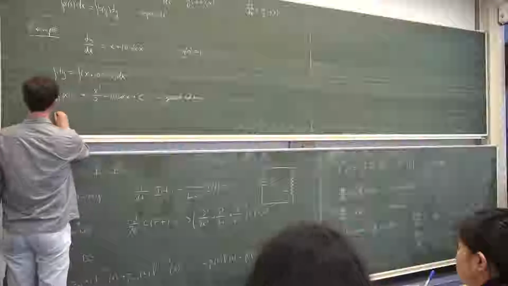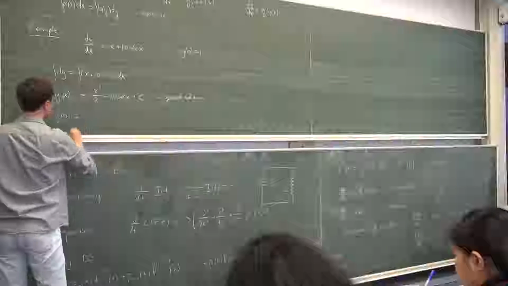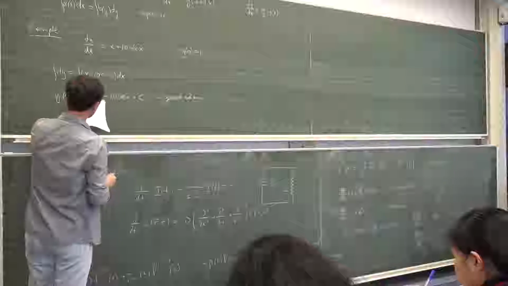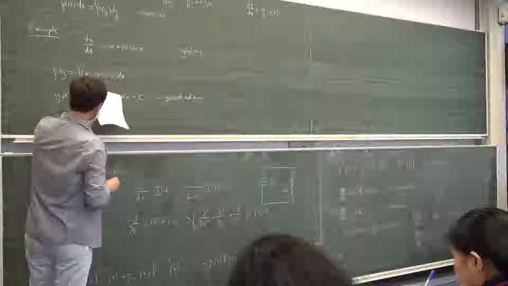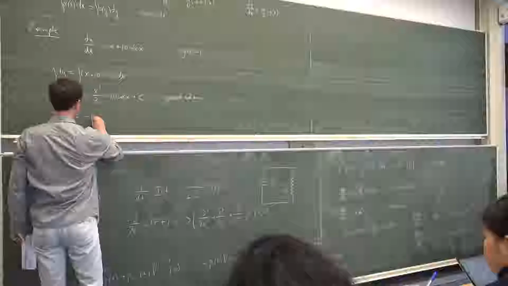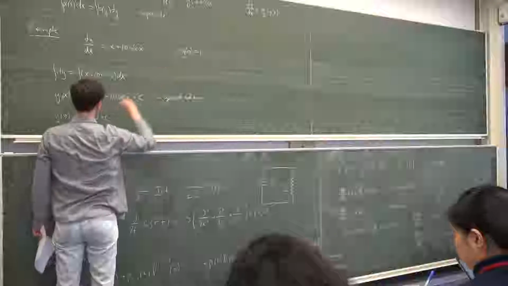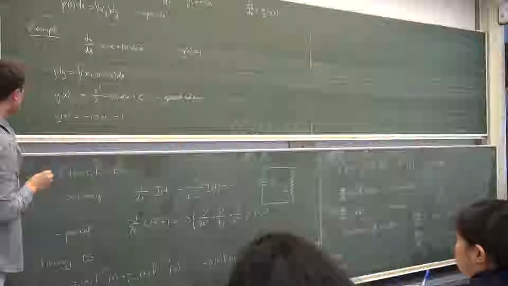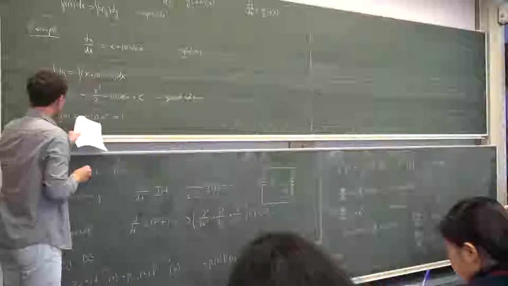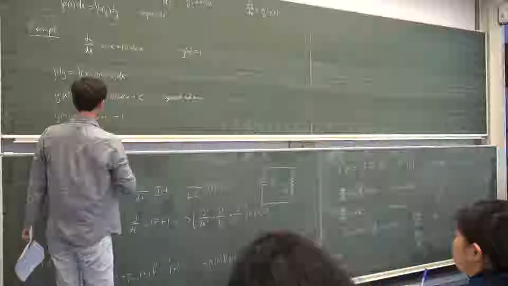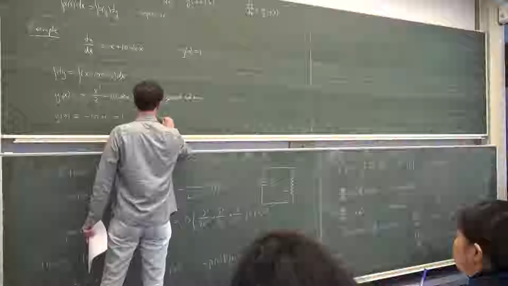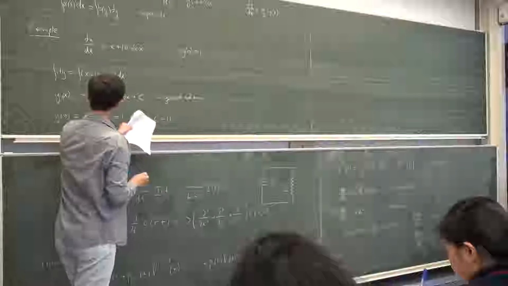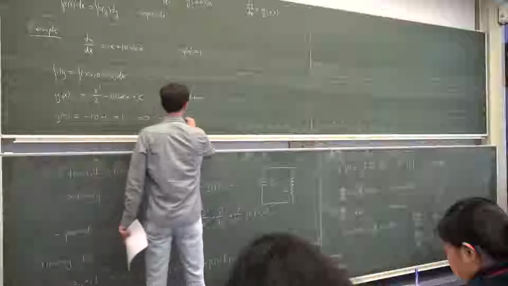So if we say, okay, y of 0 must be equal to 1: 0 over 2 is 0, 10 cosine 0 is 10, so minus 10 plus c must be 1. Therefore c equals 11. When we put it into that solution, it's called the particular solution.